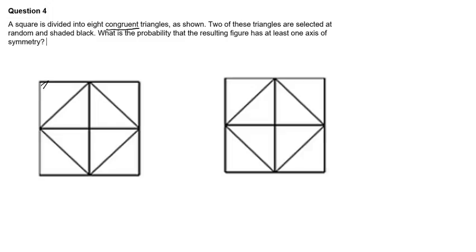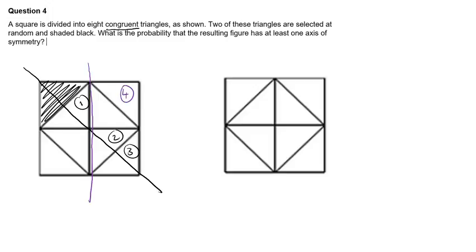Let's start off by thinking about if it was one of the corner triangles which was shaded, and it wouldn't matter which one. We could get a line of symmetry running through this way if the second triangle that was shaded was this one, or this one, or this one. We could also get a line of symmetry this way if the second triangle shaded was this one.